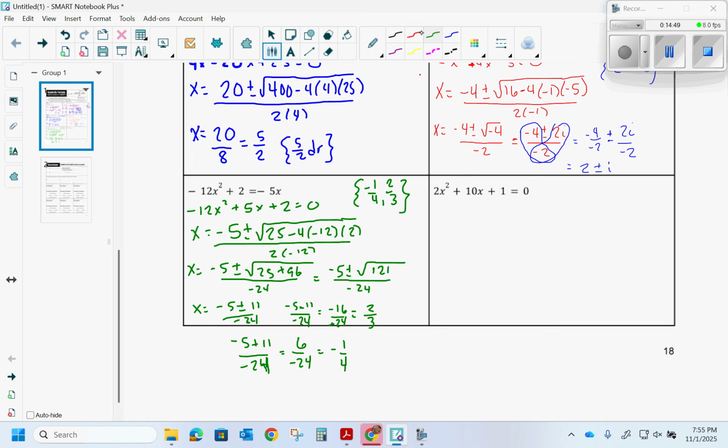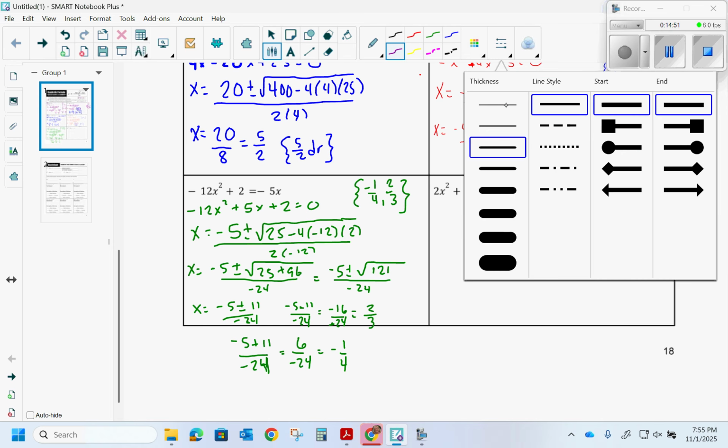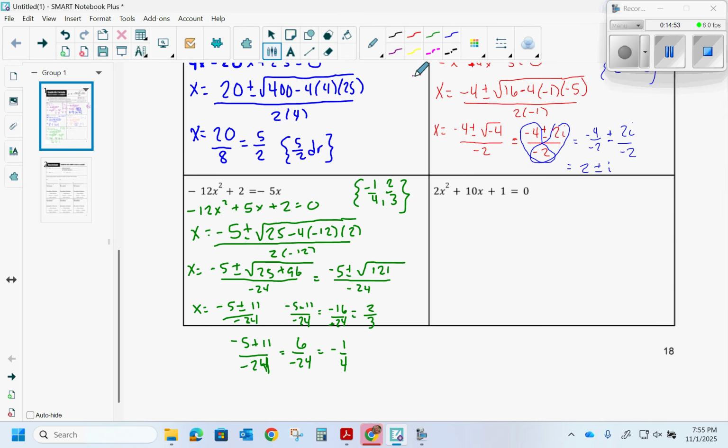All right, let's get this last one in, and then we'll talk about the discriminant. Okay, 100 minus 8 is 92.